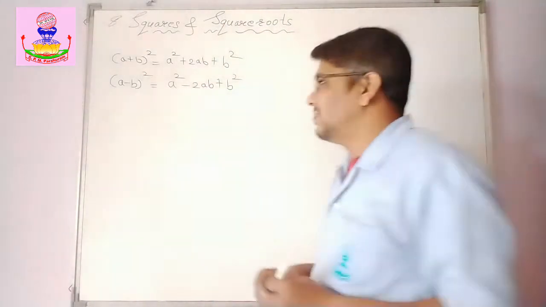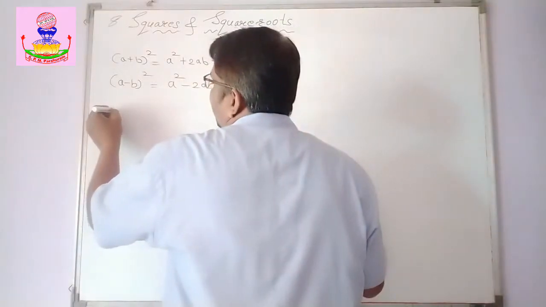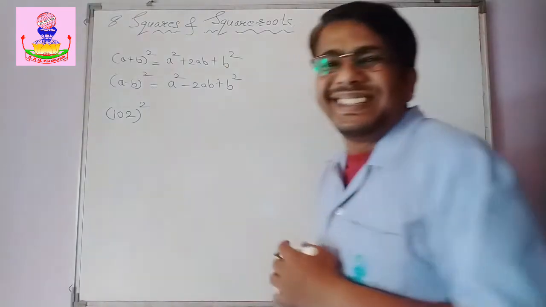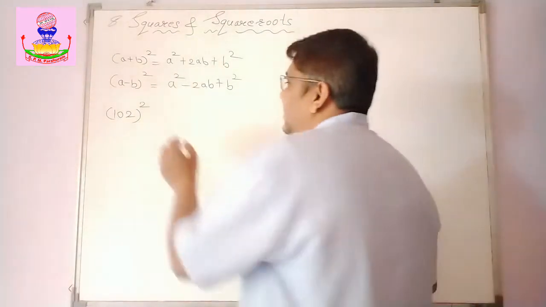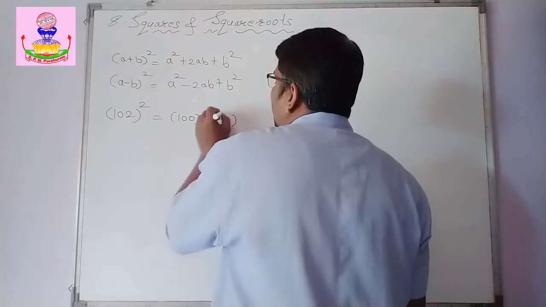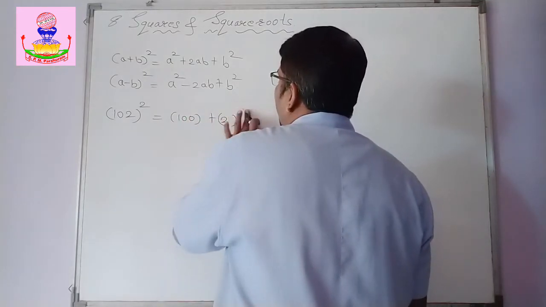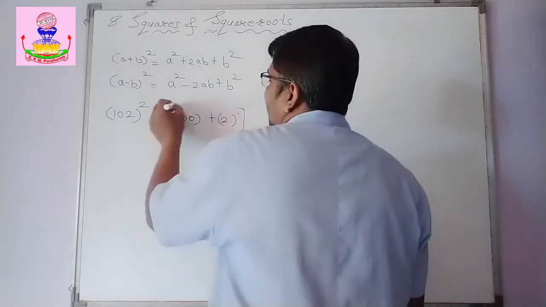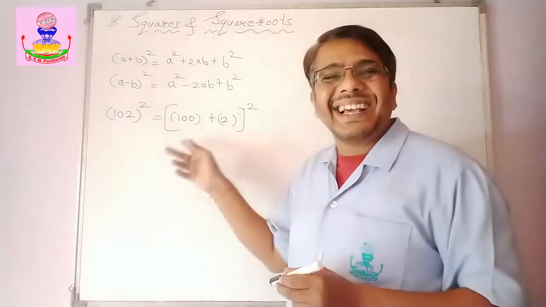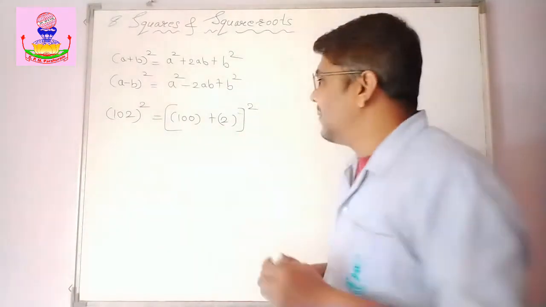You decide which to use depending upon the given number. For example, if I have got 102, how can I write it? (100 plus 2) whole square. So 100 is a and 2 is b.